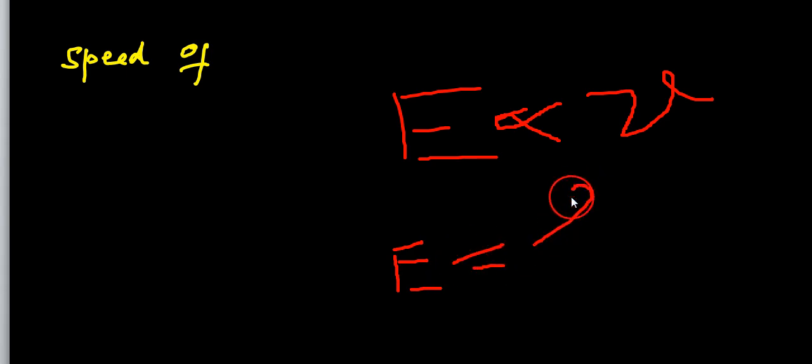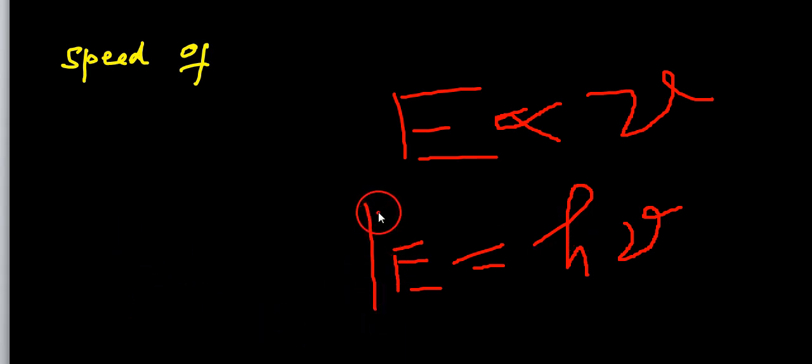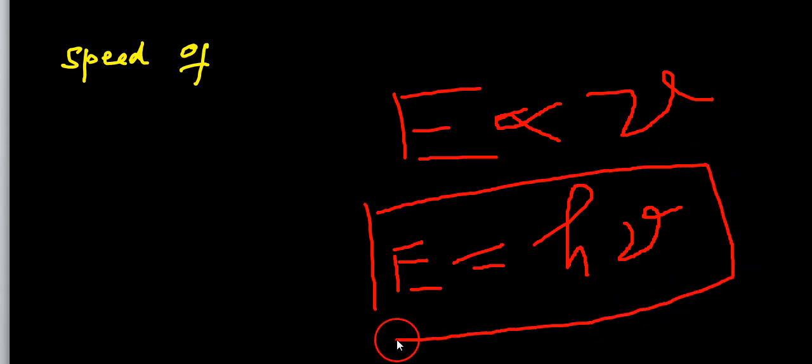That constant is called the Planck's constant h, having a constant value 6.6 times 10 raised to the power minus 34 joule seconds. So this is the formula of energy of a photon associated with a wave of frequency nu.